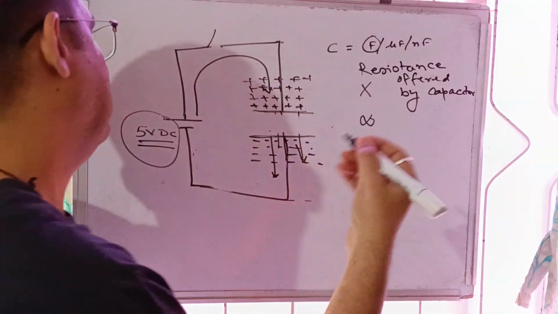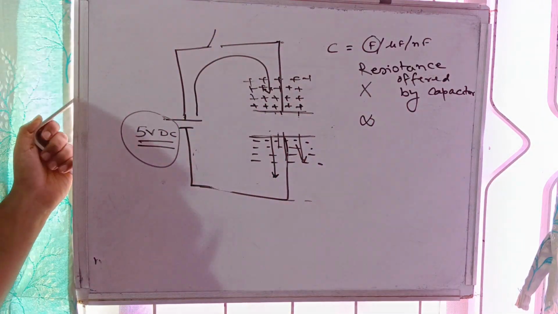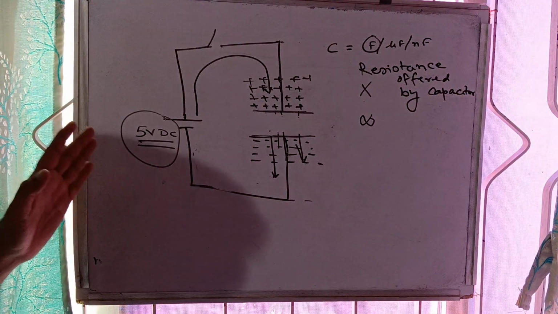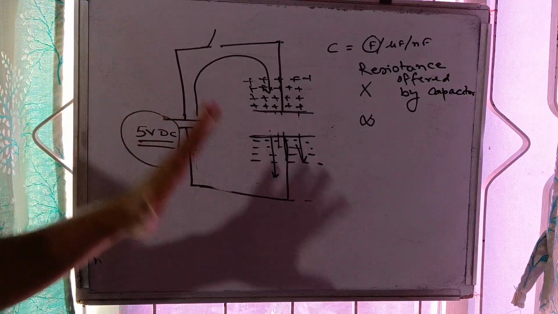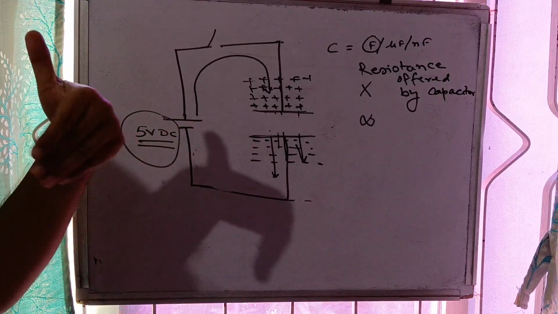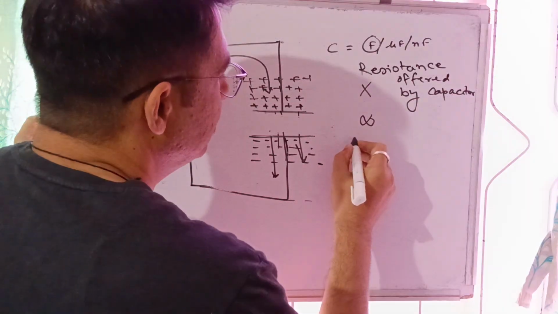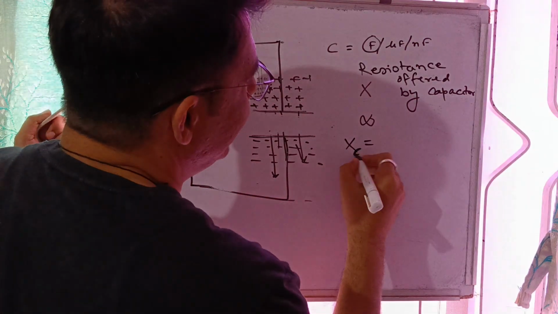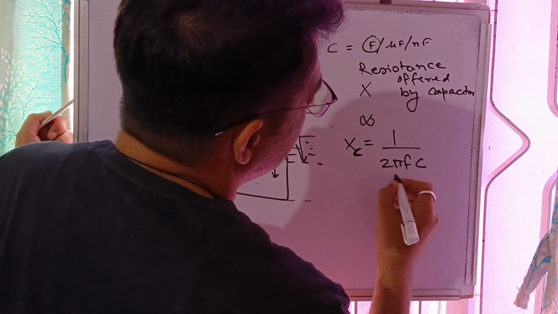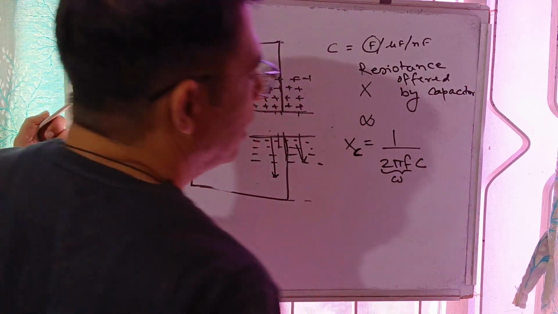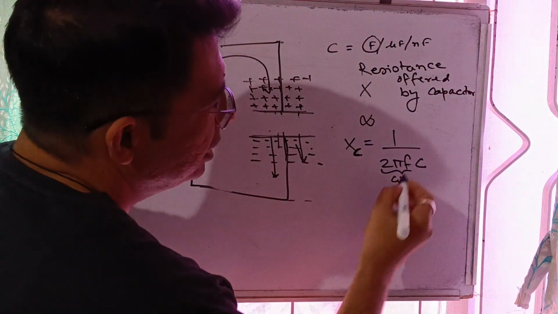Ultimately this is expressed with reference to frequency, because this behaves differently in terms of AC as well as DC, and it behaves differently when frequency is increasing. So generally it is expressed as Xc equal to 1 upon 2 pi F C, or 1 upon omega C. So this F is 0.